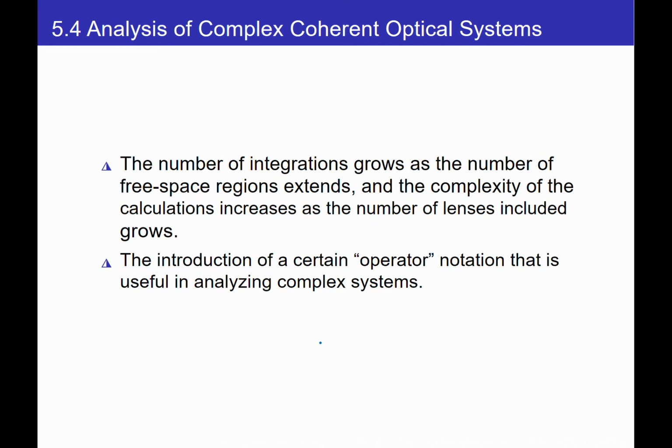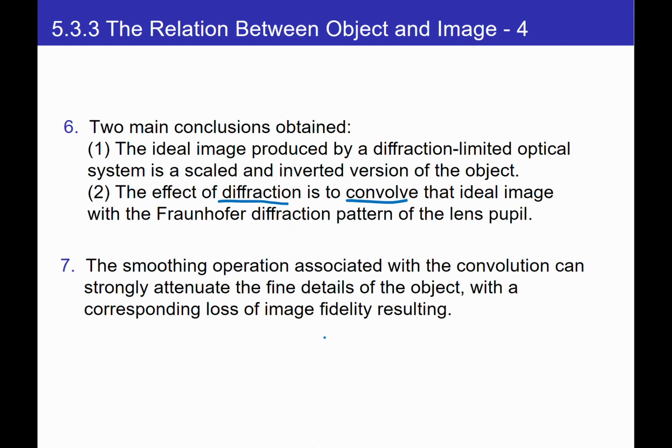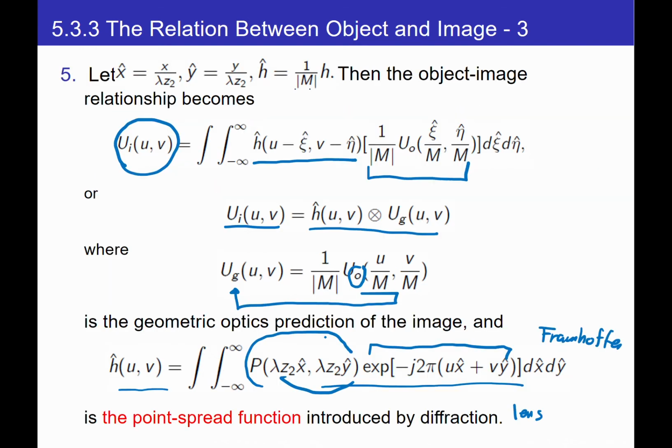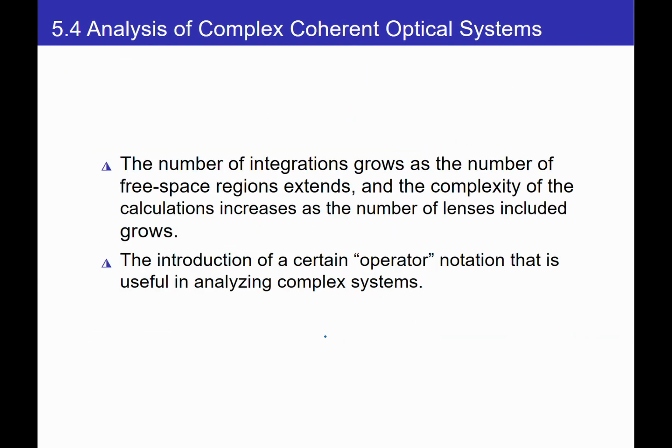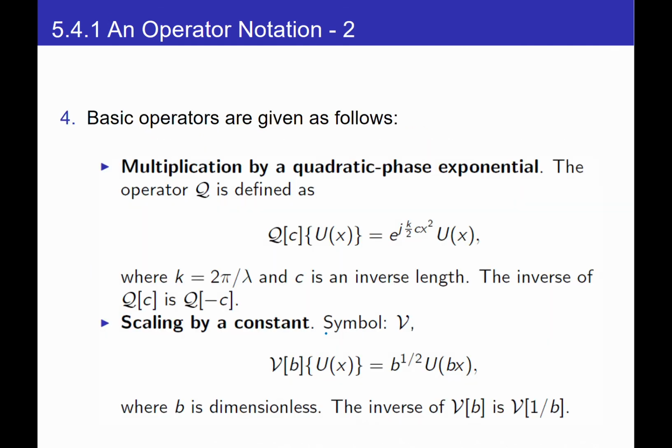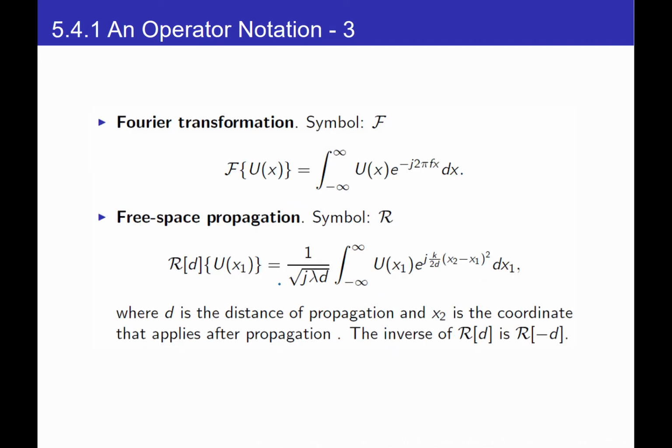So what we are going to do next is increase the number of lenses and apertures, and then we will see a new technique called operator notations. And then we are going to talk about some of the operators, the quadratic phase exponential, that is nothing but the propagation in free space, and the scaling by a constant is a kind of magnification, and like this.